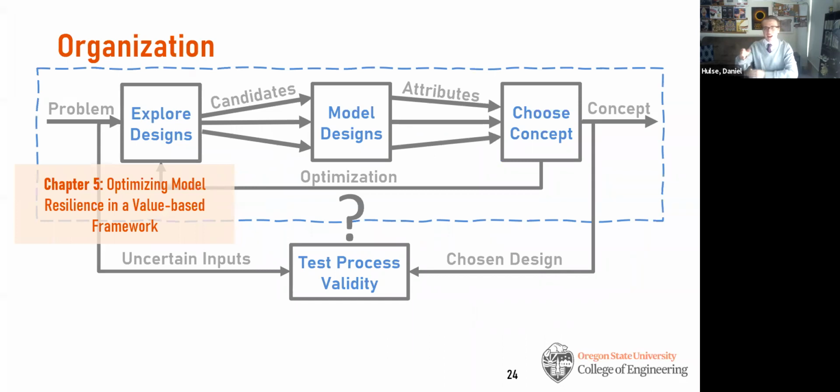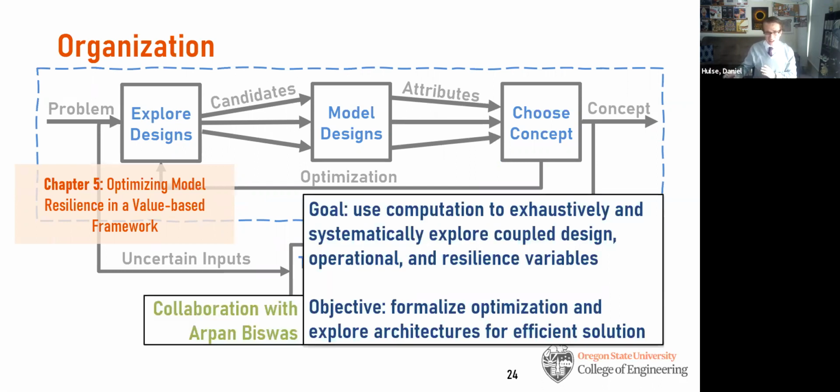So after we talked about modeling the system, I'm now going to talk about how you can explore a design trade space in this overall framework. And the goal here was using computation to exhaustively and systematically explore the coupled design, operations, and resilience variables.